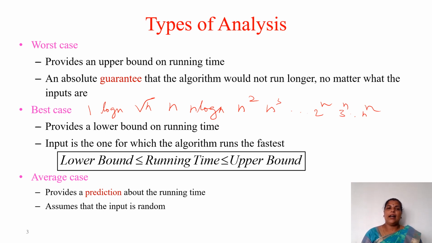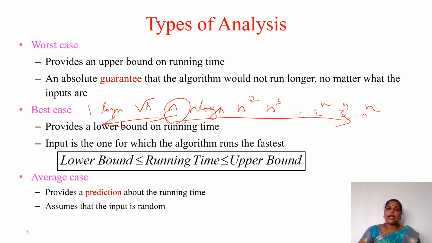Here, from n to 1 we call it the lower bound, and from n to n power n we call it the upper bound. So best case provides the lower bound on running time.